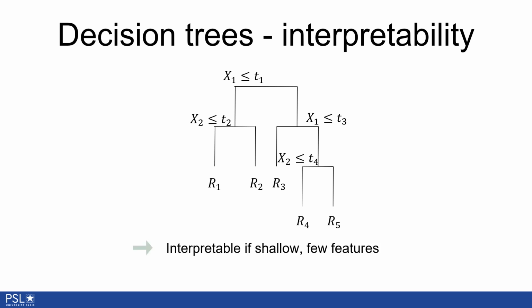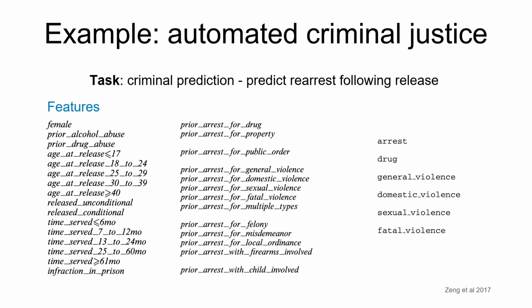So, decision trees are interpretable models only if they are sufficiently shallow and act on a small number of variables. To finish this part on decision trees, let's look at a concrete application. Let's go back to one of the examples we covered in the very first lecture: machine learning for crime prediction.